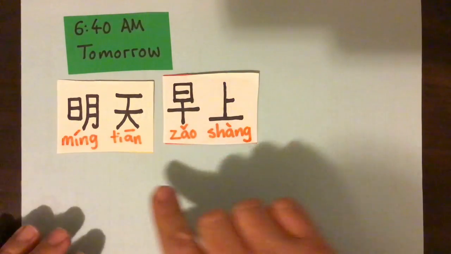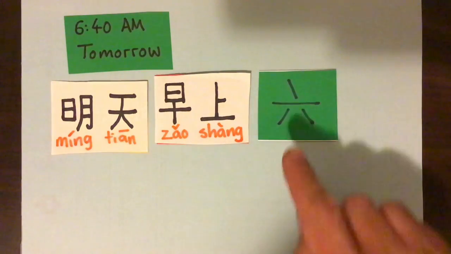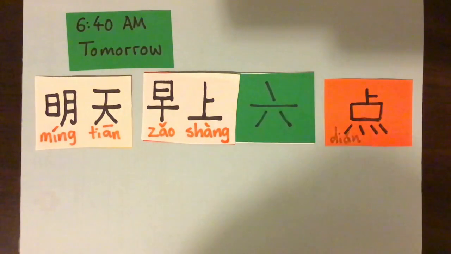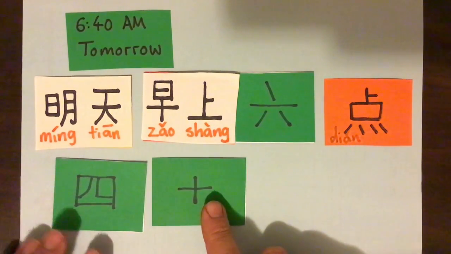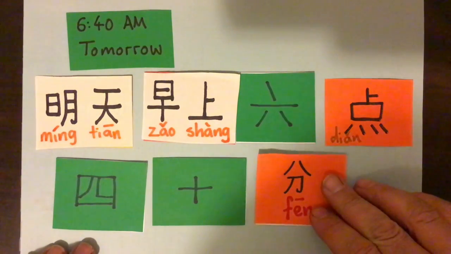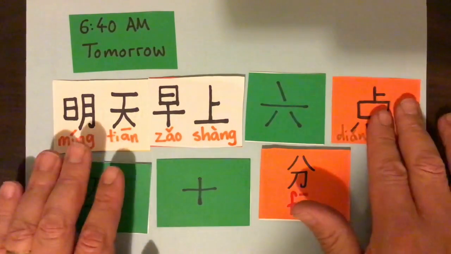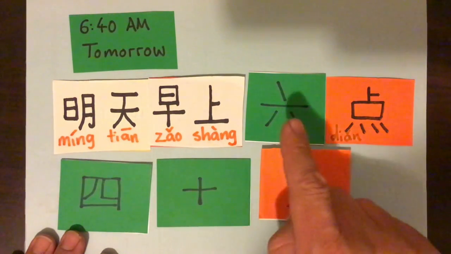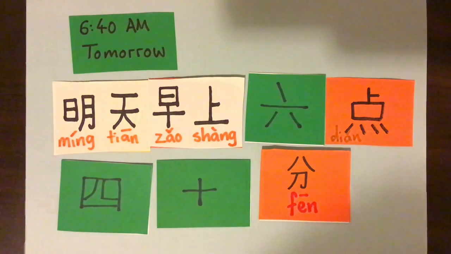So 早上, 明天早上. Now we need our hours. So 6, 点 for hours. Now we have the word for 40. So we need 4 for 4, 10 for 10. And then we have 分 for minutes. Okay, reading all that together. 6:40 a.m. tomorrow. 明天早上6点40分.